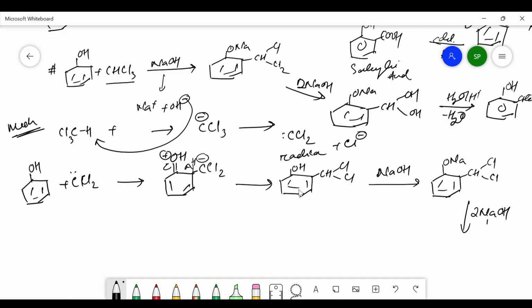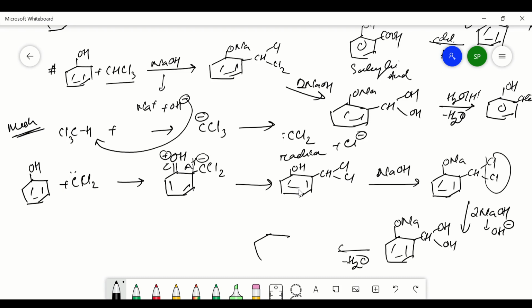NaOH will produce OH minus ions which will act as a nucleophile and this will substitute these two chlorine groups. So hence there will be formation of CH(OH)2 and ONa. So this will undergo dehydration.